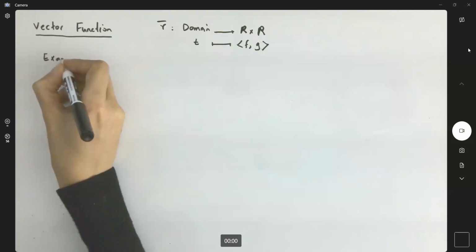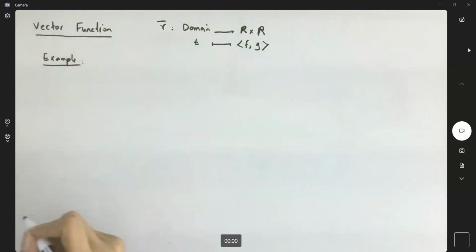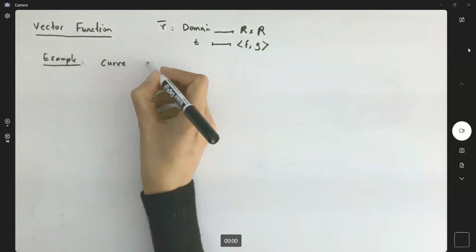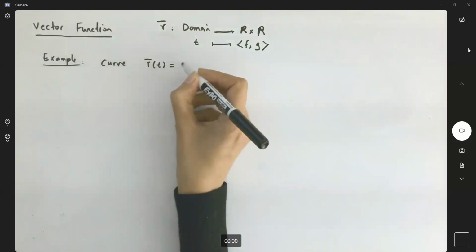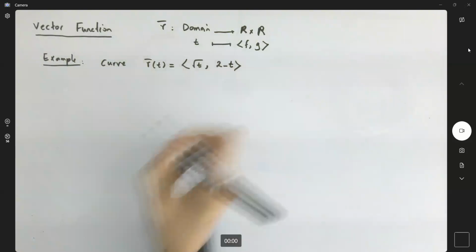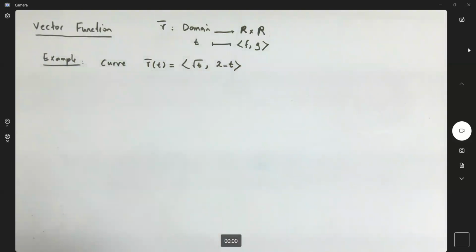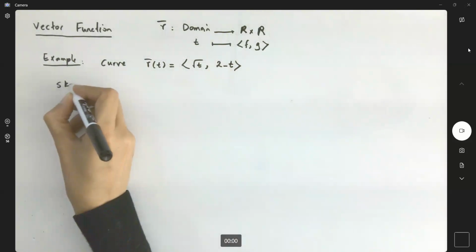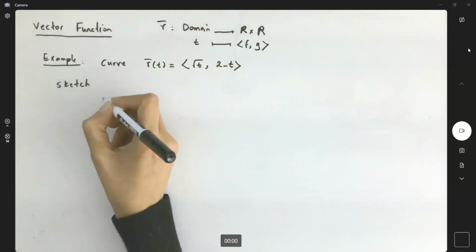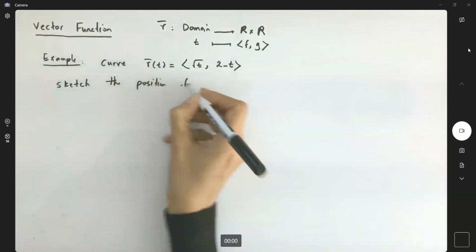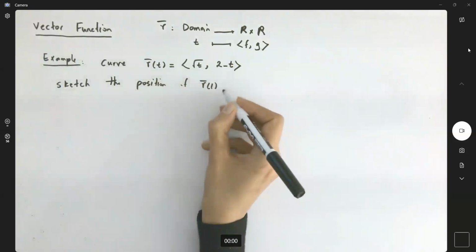Now, suppose we have the following example. The example says, consider the following curve, R of T, which is defined as square root of T and 2 minus T. Sketch the position of R of 1.